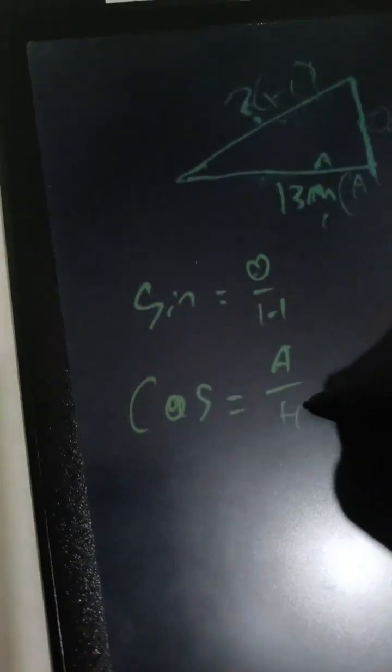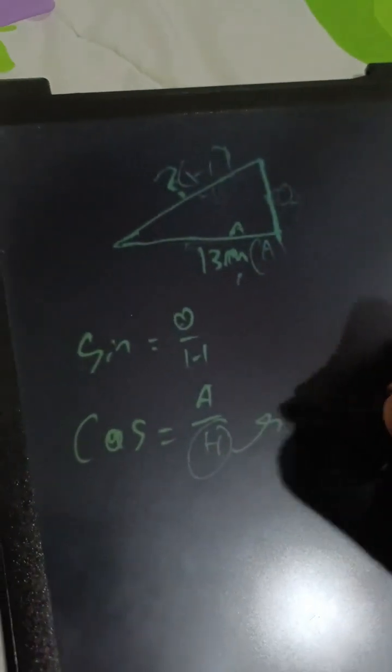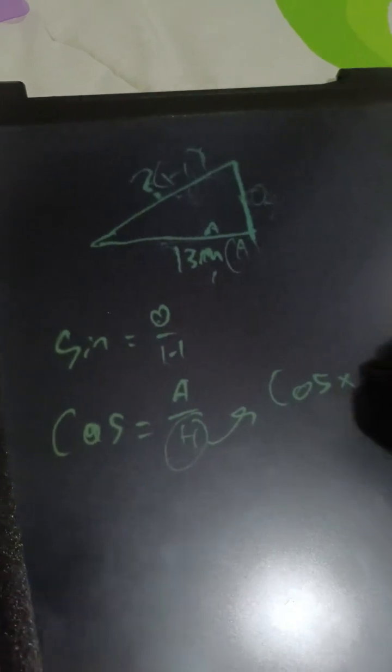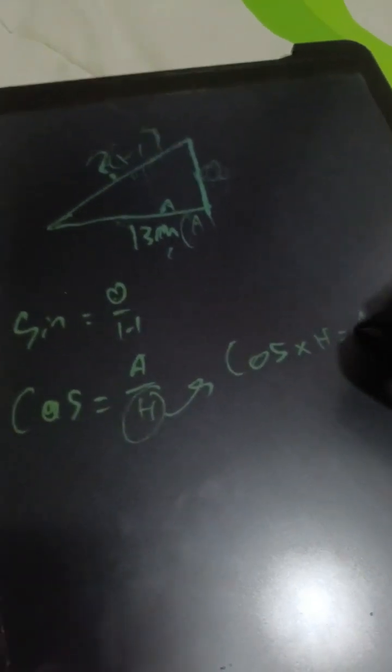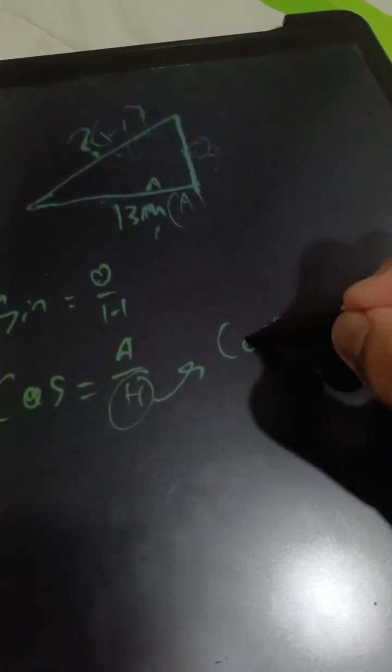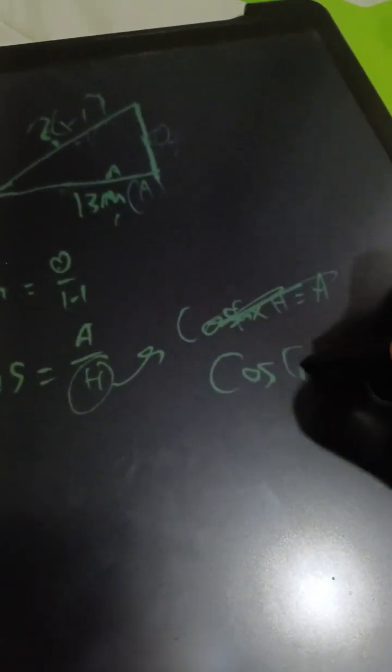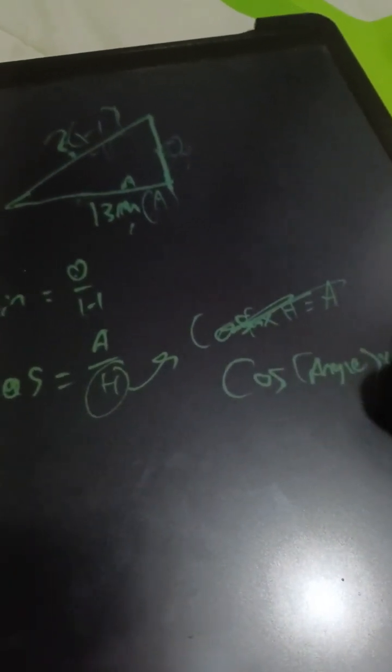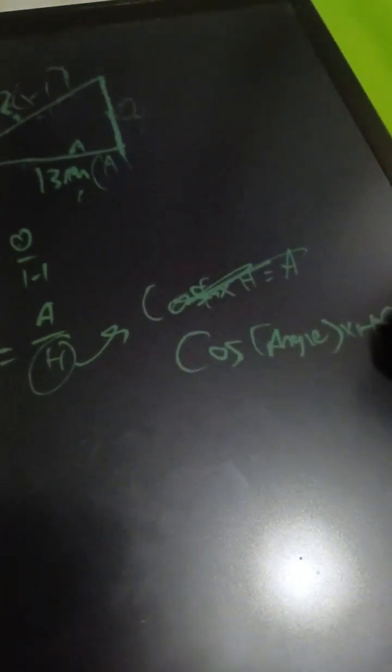Now, since the thing I told you just now, cos angle multiplied by H equals A, right? Because we want the angle. By the way, I wrote it wrong.